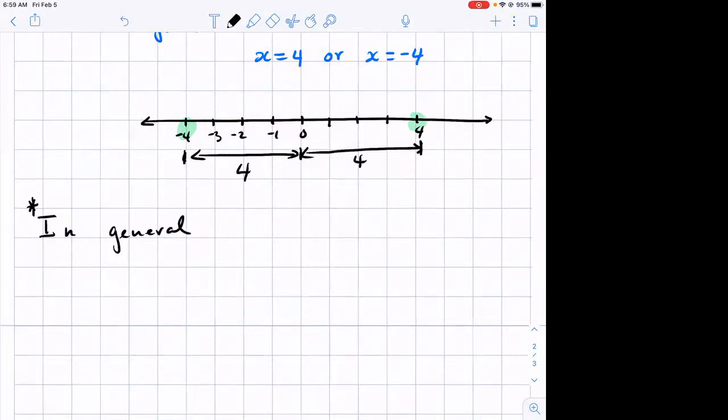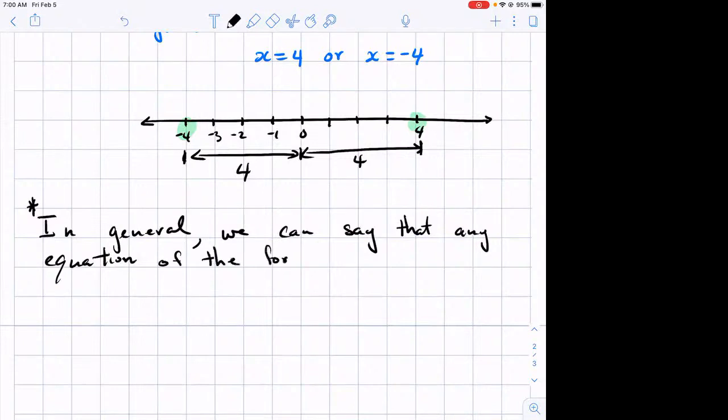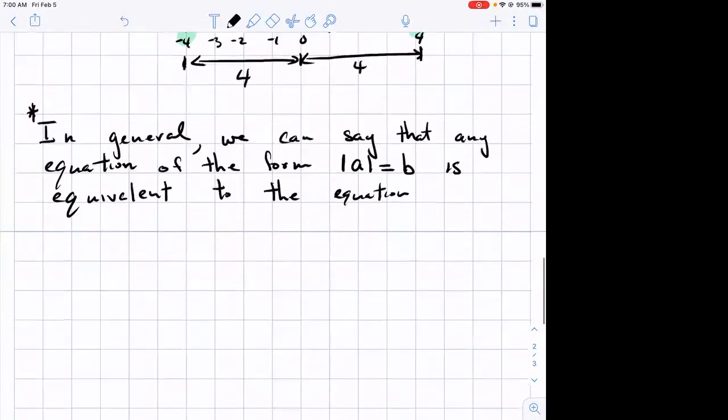We can say that any equation of the form absolute value of A equals, let's say, B, is equivalent to the equations A equals B or A equals minus B.